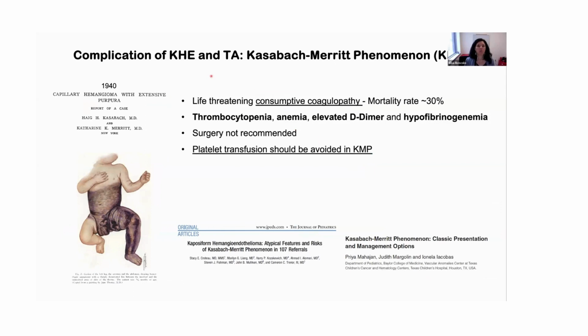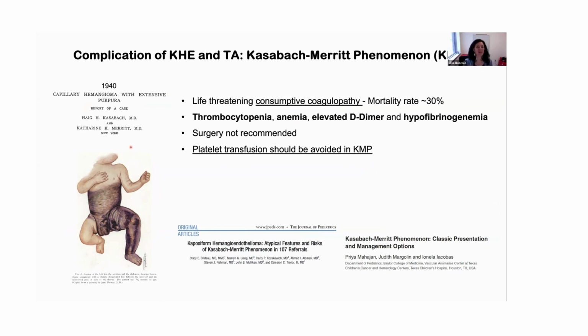So an important complication of kaposiform hemangioendothelioma and tufted angioma is this coagulopathy termed Kasabach-Merritt phenomenon by the two investigators who first described it in 1940. At that time, there was no BioRender, and investigators had to draw also their images in papers.